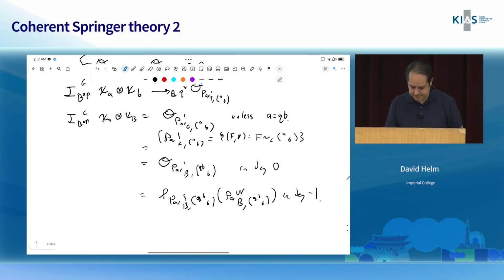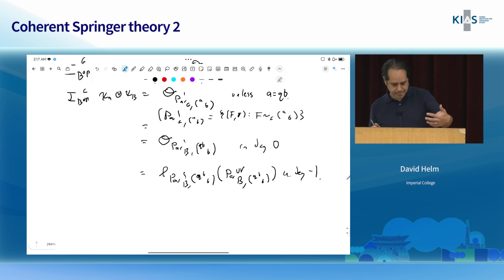So that's a bit of a mess, but this actually dovetails very well with what we know about reducibility of parabolic inductions.